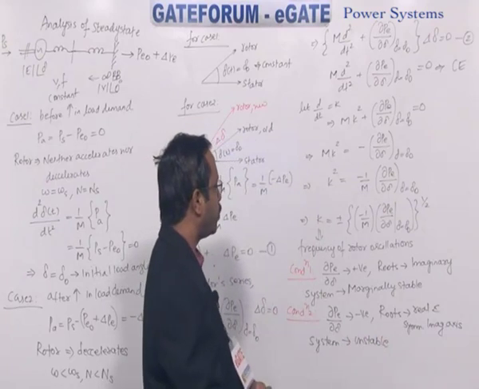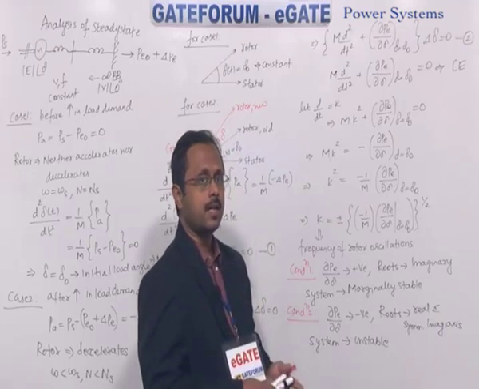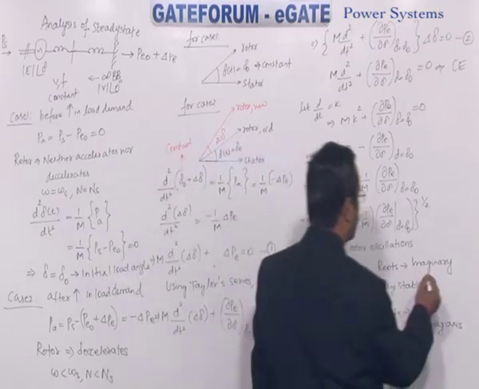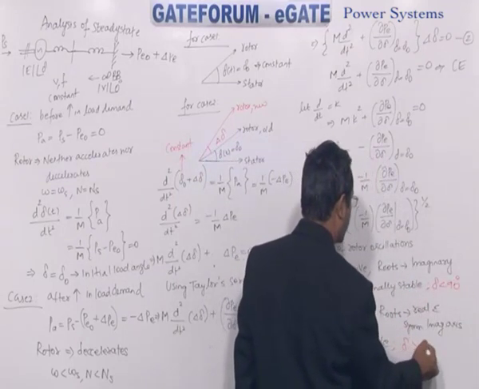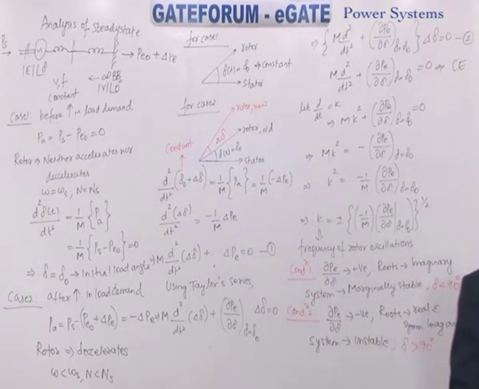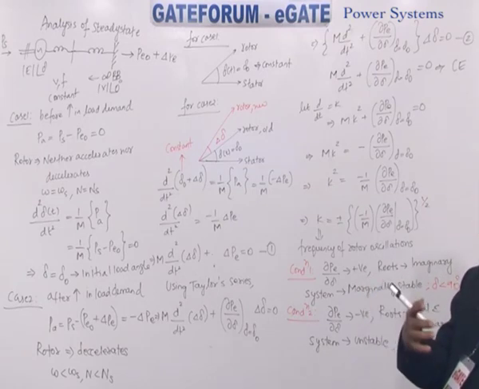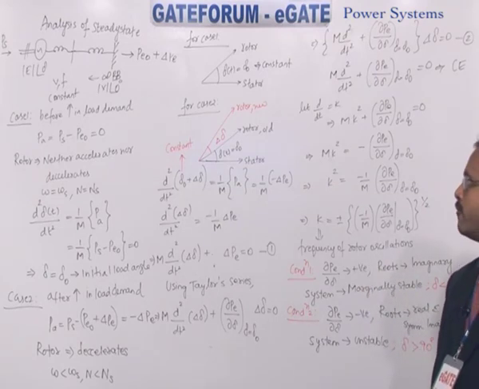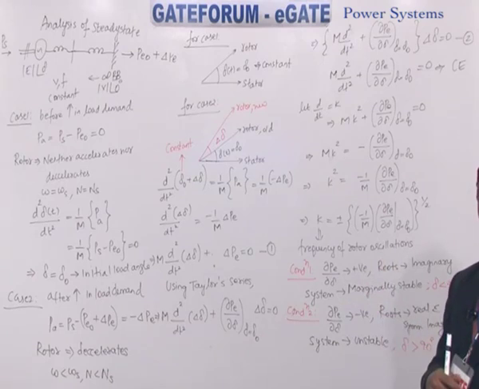So always, to make ∂P/∂δ positive, that means δ must be always less than 90 degrees. You know this point. For this, δ less than 90 degrees, and here δ greater than 90 degrees. Now, though you have imaginary roots, you know in yesterday's session we did the windings of the alternator. Apart from armature winding and field winding, you also have a damper winding.